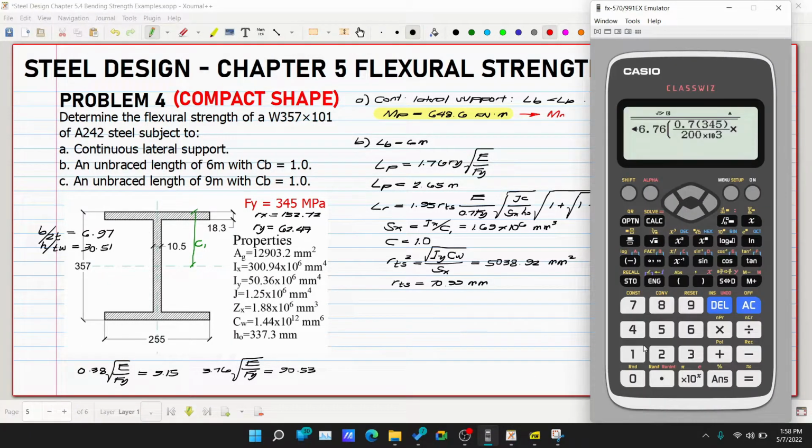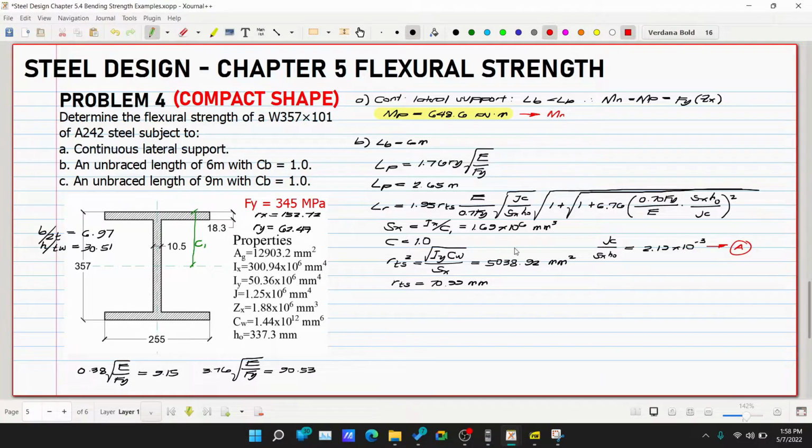So, 1 over A, then squared. And then, divide natin ng 1,000 para maging meters. So, 7.6 meters tayo dito. So, ang LR natin is 7.6 meters.